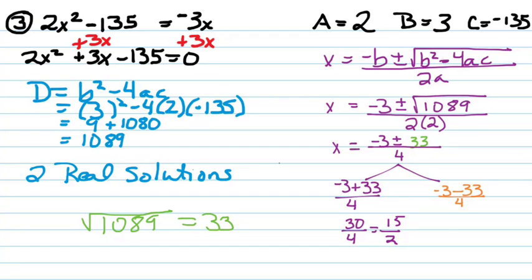And so when I simplify that down, I get negative 36 divided by 4, which is negative 9. So my solutions on this one are positive 15 halves or negative 9. Try the problem on your own for the next one.